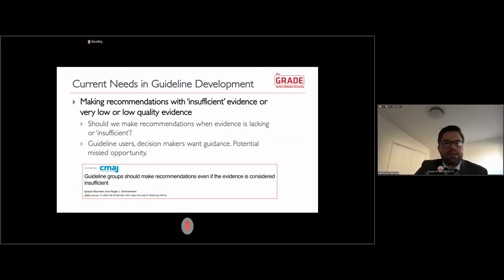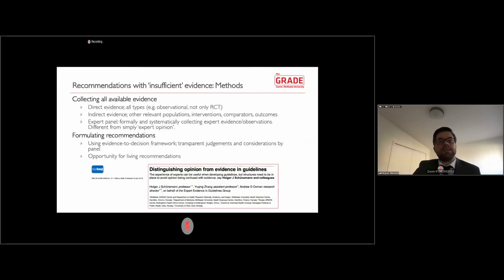Very welcome. So with that, I'll move on to the third component, an issue we are discussing that has also gained attention, again, with the pandemic: formulating recommendations based on insufficient evidence. So we've seen this coming to light, but it's also an issue that has been experienced by guideline panels on other topics and in regular or traditional guideline processes.